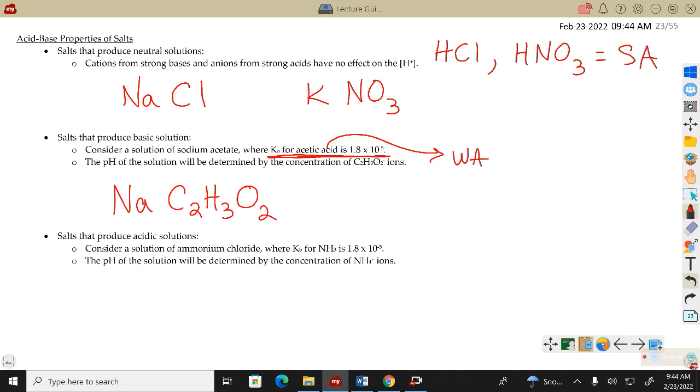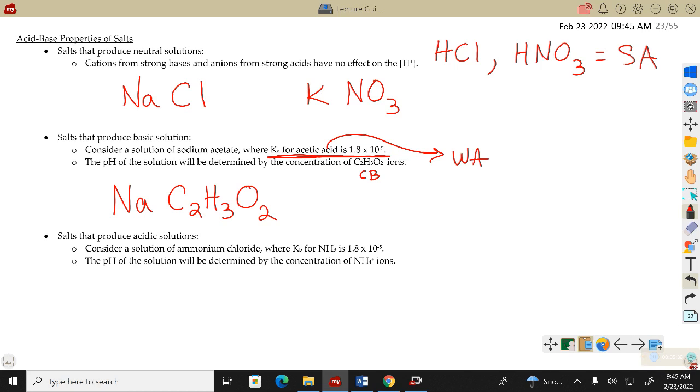Way back in the beginning of this unit, we mentioned that the conjugate base of a weak acid, this acetate ion, is a pretty good base. That's why the acid is weak: the acetate has a pretty strong hold on the hydrogen ions and doesn't give off much hydrogen in solution.